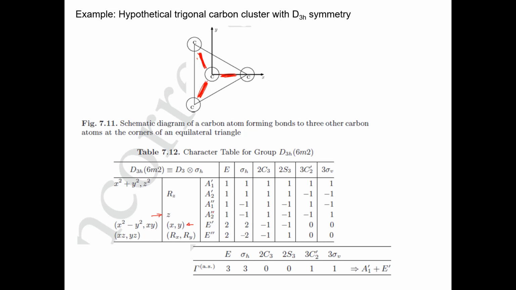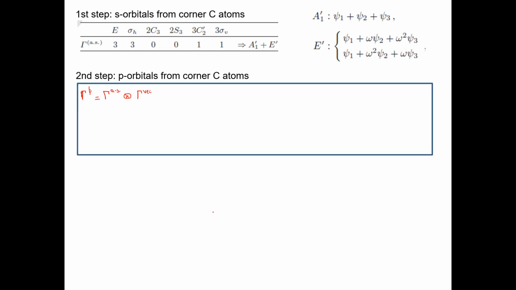So go back here. This is the direct product between the atom sites representation A1 prime plus E prime with the vector representation, which I have just verified is A2 double prime plus E prime.